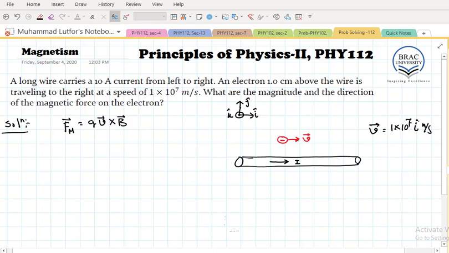Fine. Now what would be the magnetic field B which is going to be produced by the current in that wire?